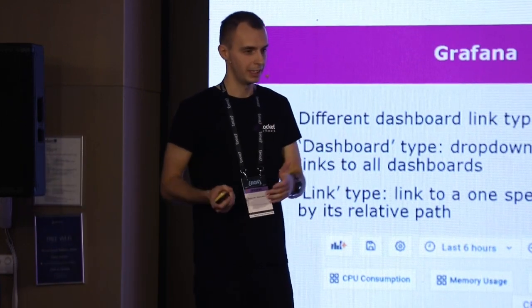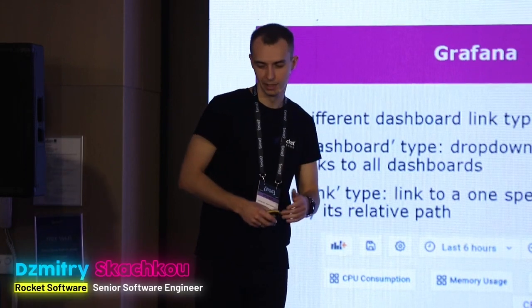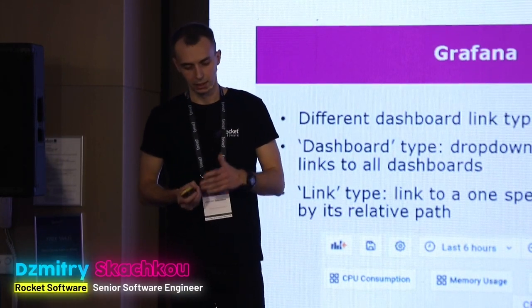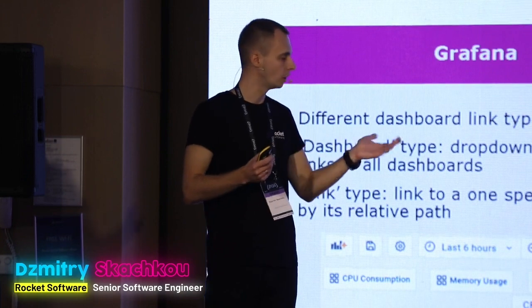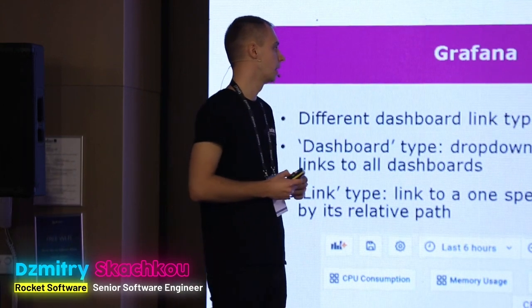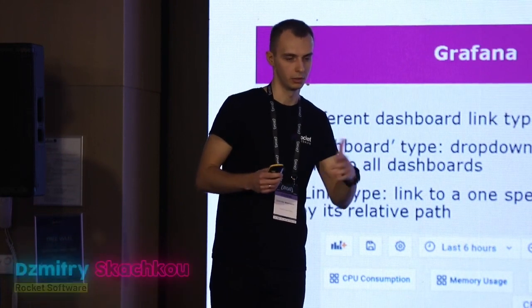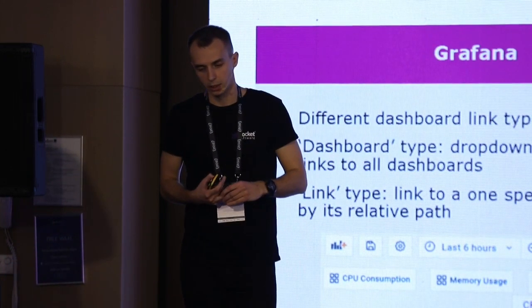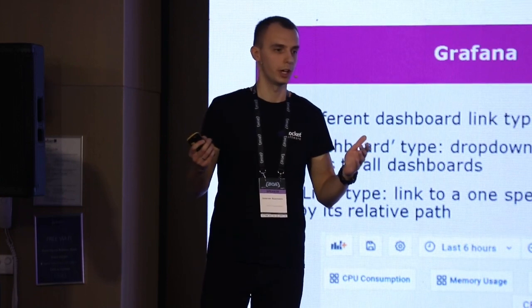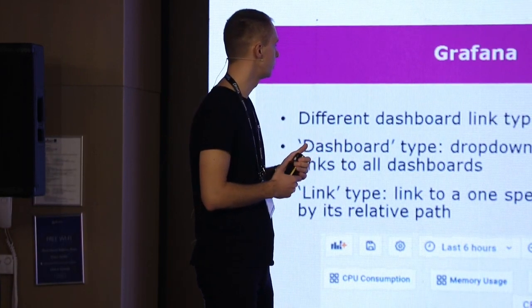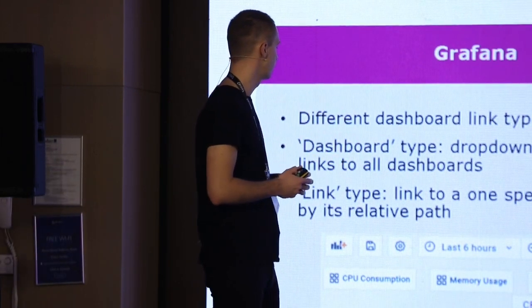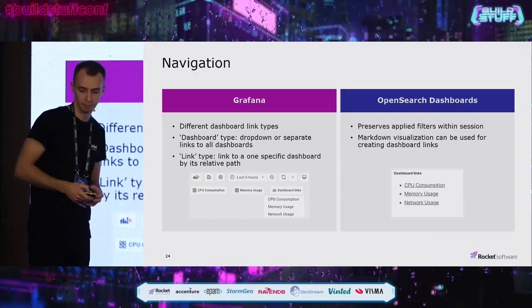There are the dashboard link type and the link type. The dashboard link type allows you to list all available dashboards in Grafana in a drop-down as separate links on the dashboard. But the second option is not so convenient when you have a lot of links, because they may consume a lot of space on the screen.